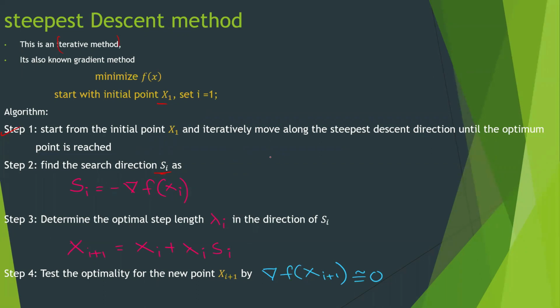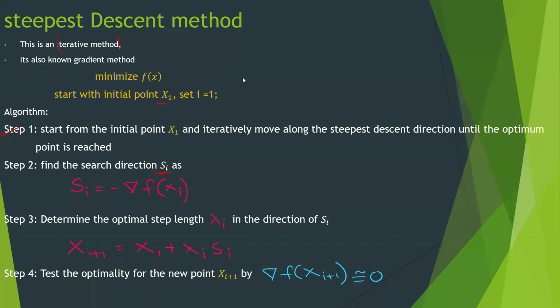Why do we use the gradient here? Because the gradient value gives the fastest rate at which the function moves. So basically, we use this. Why the negative sign here? The negative sign says that we are minimizing the function of x.